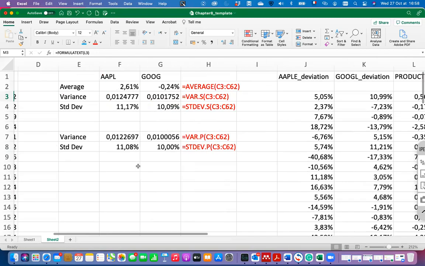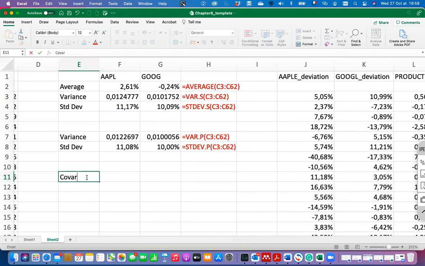Now, the covariance. How to compute the covariance between Apple and Google? The first technique is the average of the product column.